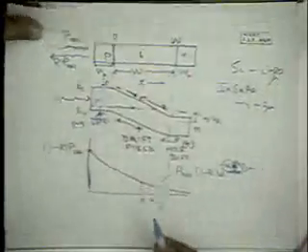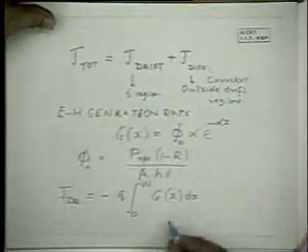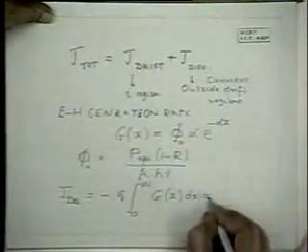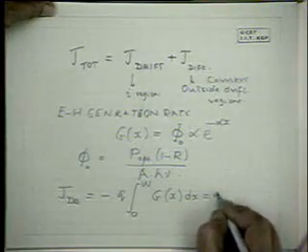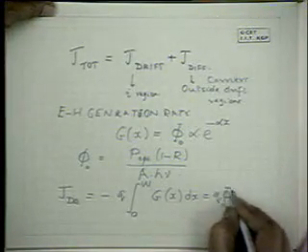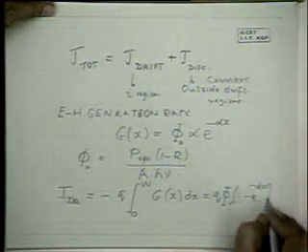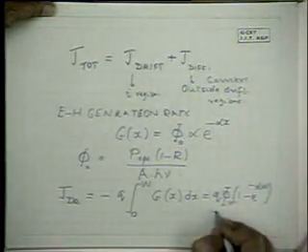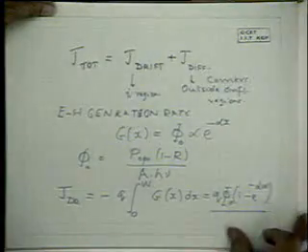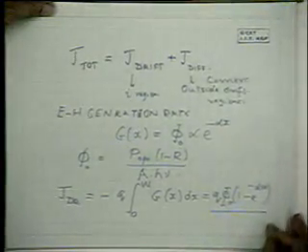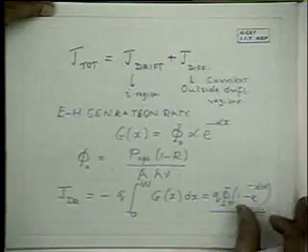This is 0 and this is W. And this is just q phi 0 (1 minus e to the power minus alpha W). So that is this term.